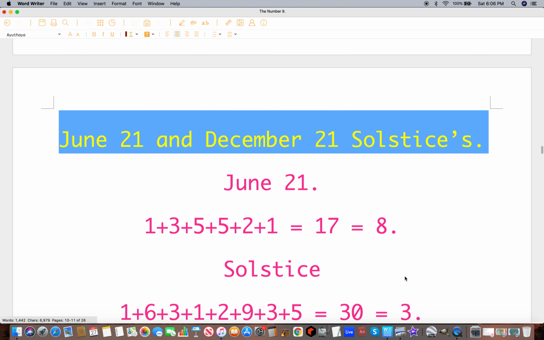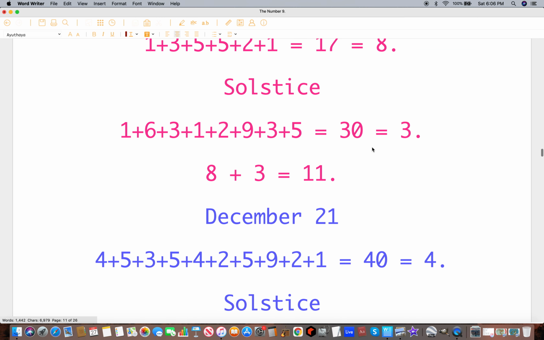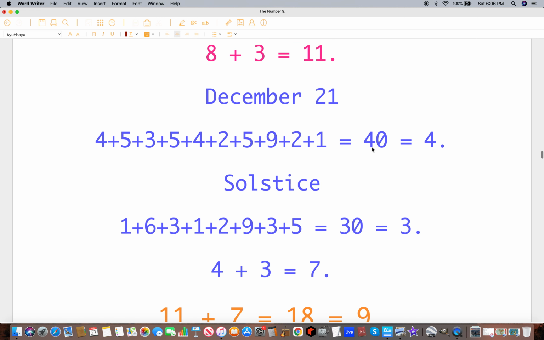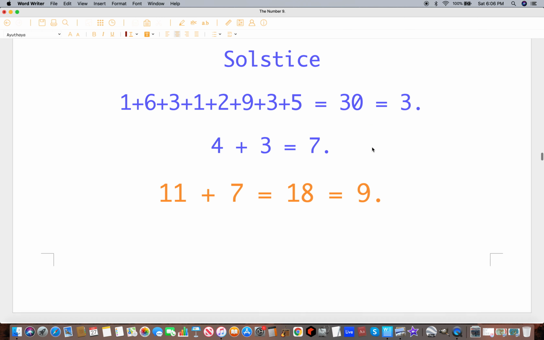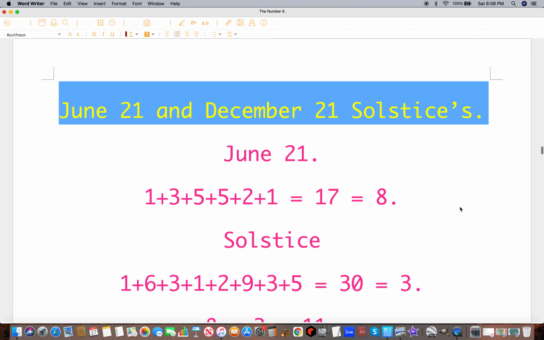So the June and December solstices, when you numerologically add them up together, come back to 9 as well. So that's very strange that the solstices do this. It's a bit like the solar cycle.